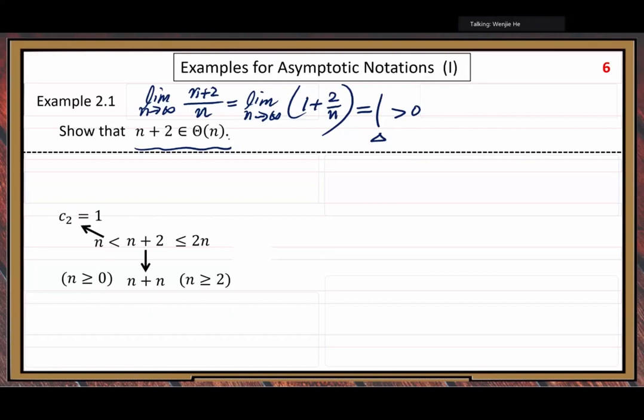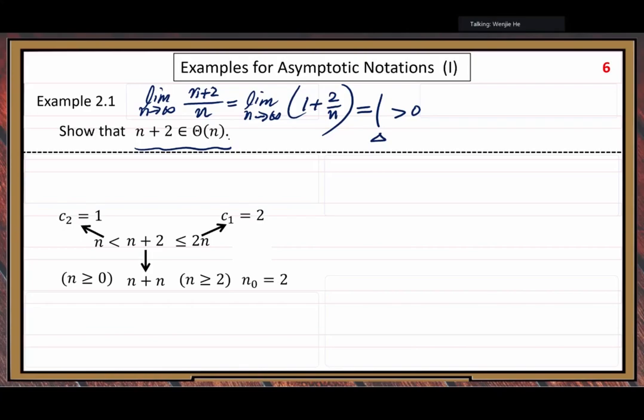But here you need to have both inequalities true, so you pick this one. So C1 equals 2, C2 equals 1, and N0 is 2.